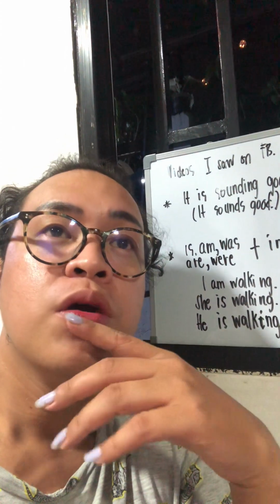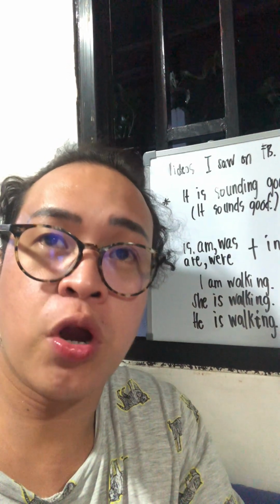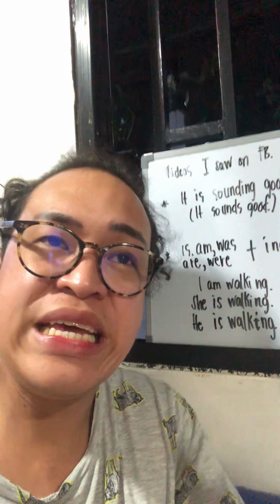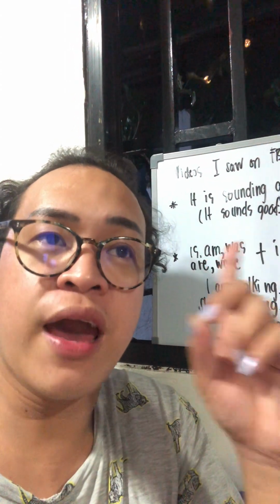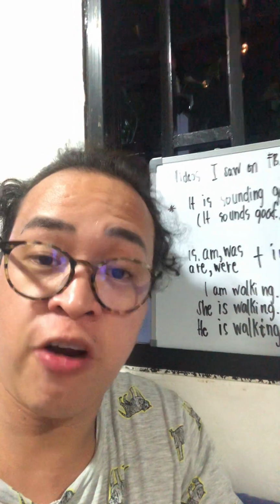Alright? So, what do I mean by past participle of the main verb? If the verbs are regular, you do not actually change the spelling, you just add d or ed. But if the verbs are irregular, that's the time that you have to change the spelling of the verb.